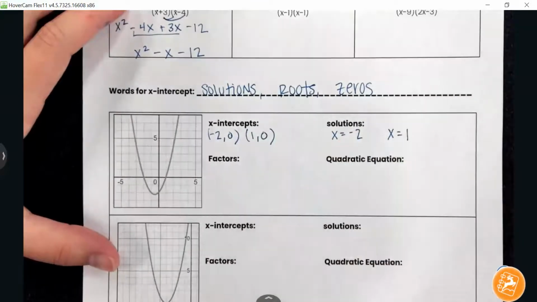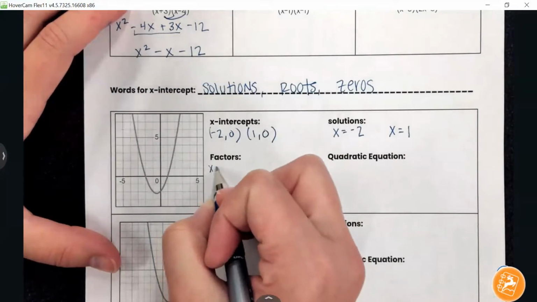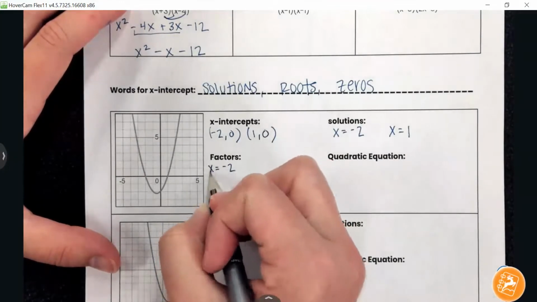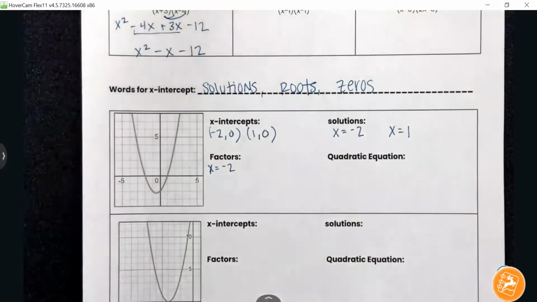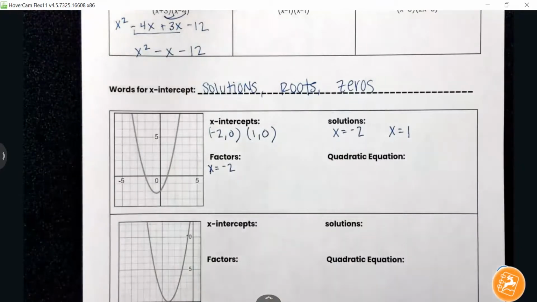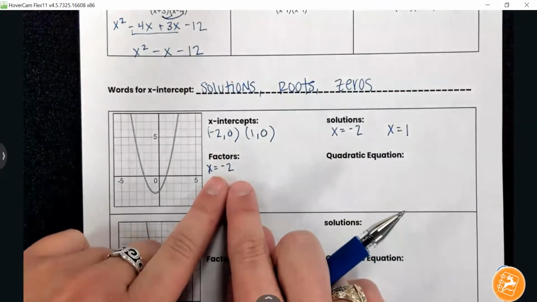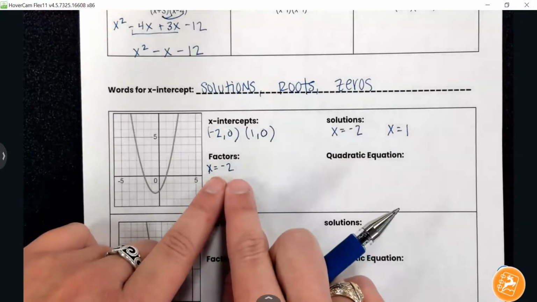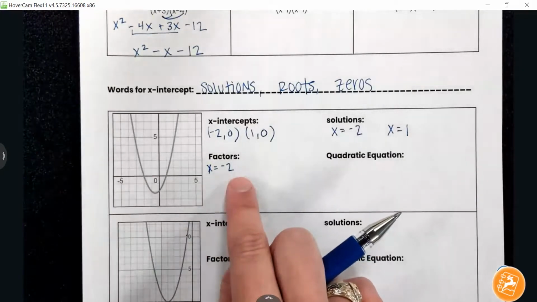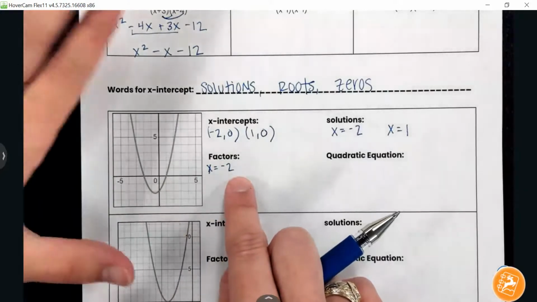I'm going to take my first solution, x equals -2. Instead of x equals -2, I have to make it say equal 0. So I can't have a -2 here. I need it to say 0. So how do I move a -2 to the other side? What will I do to it?